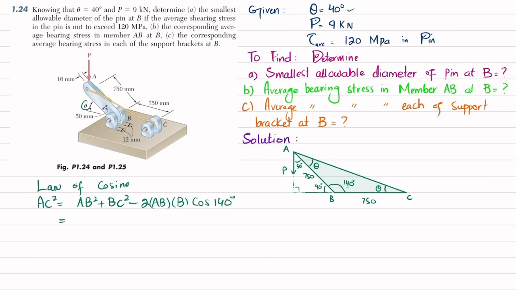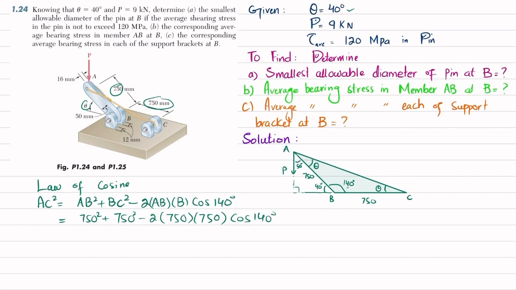You can put AB as 750, so 750 square plus BC also 750 square, minus 2 times 750 multiplied by 750. You can also write 750 square into cos of 140 degrees.